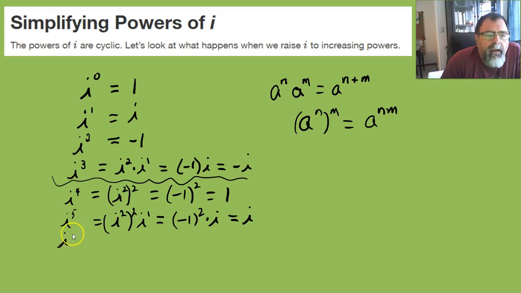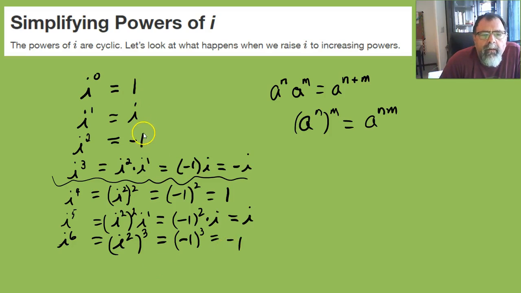So if I go i to the 6, i squared cubed is 2 times 3 is 6, so I don't have any left over. So that's -1 to the third power, which is -1. Okay, and then i to the 7th, this will be our last one. So if I go 7 divided by 2, that's 3, remainder 1, that's the way I think of it.